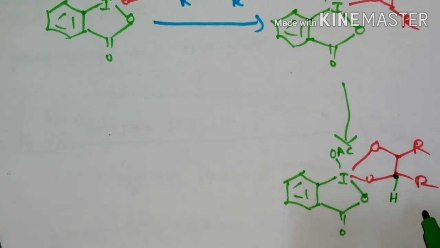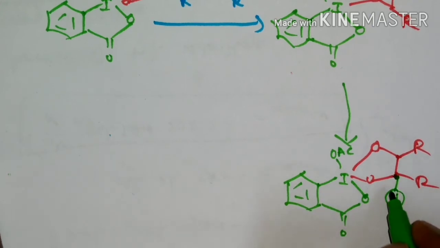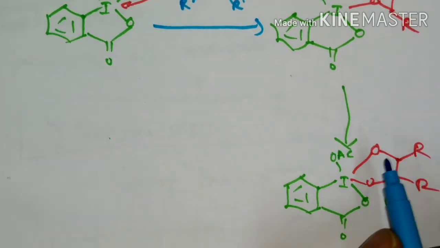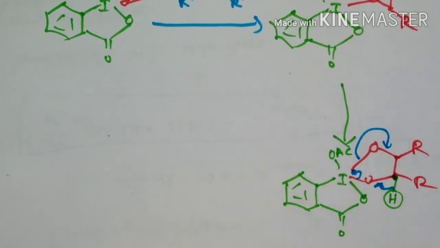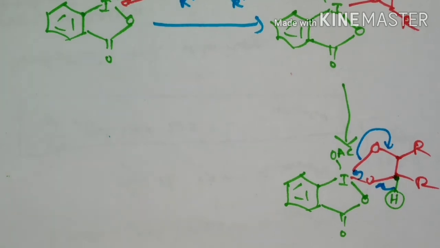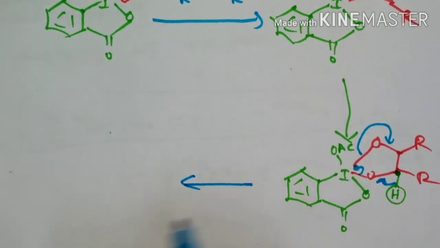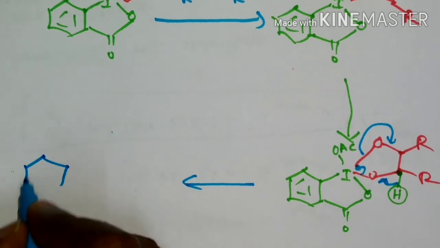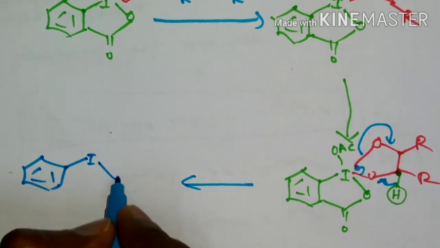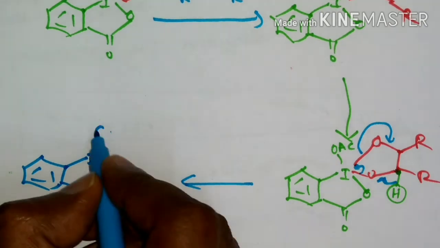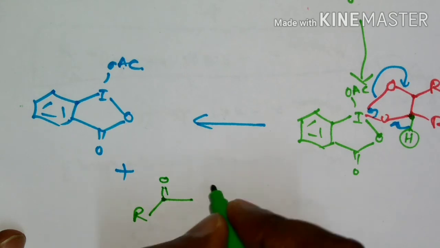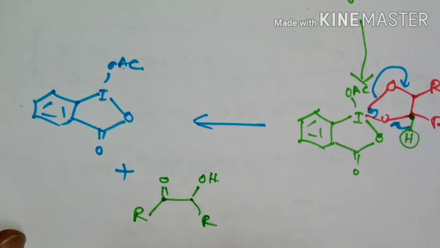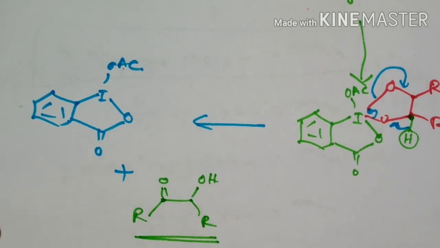This hydrogen will be abstracted, and this bond will move here, and this is going to move here, leading to iodinane and our product, that is C=O, OH, R. So this is in the case of 1,2-diols.